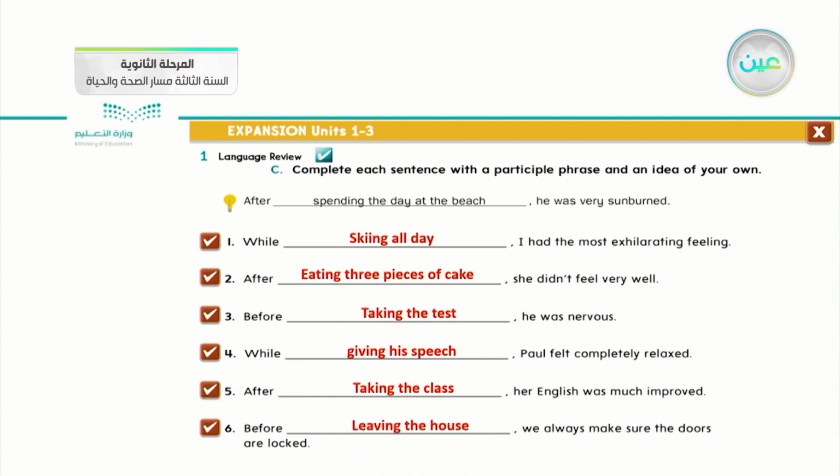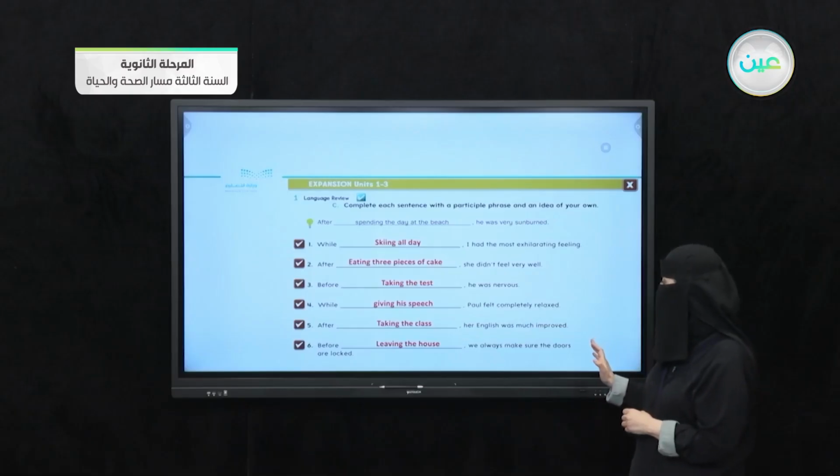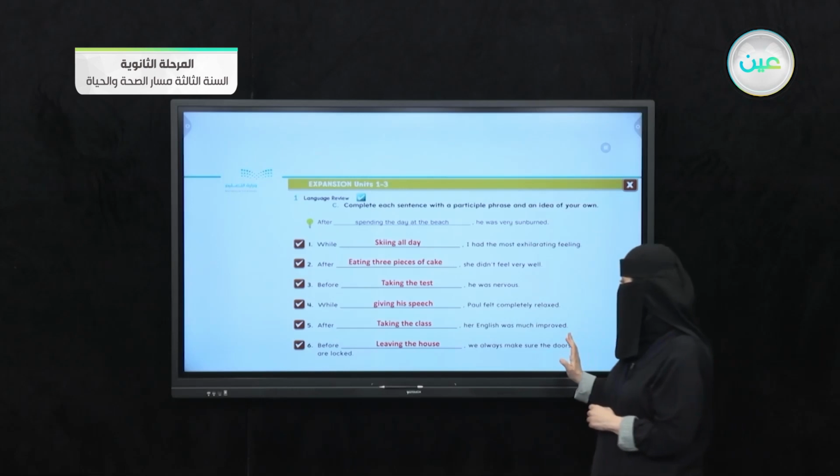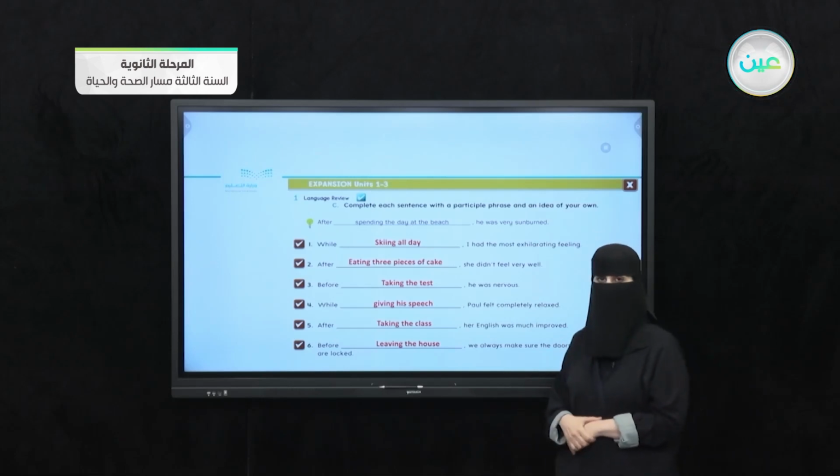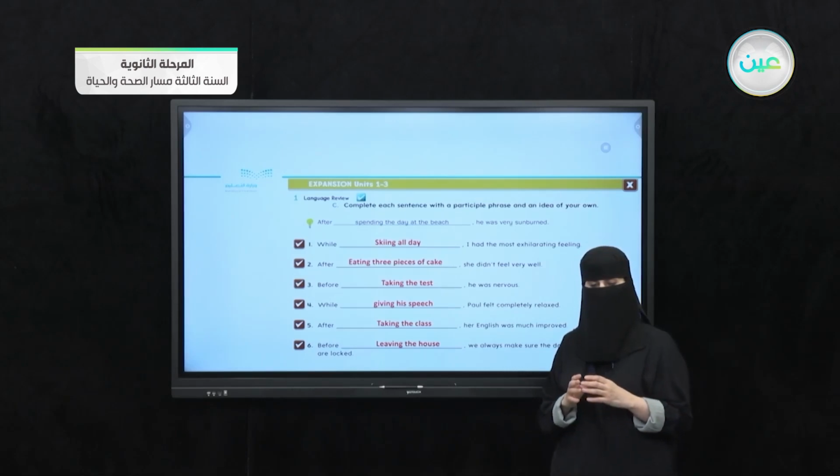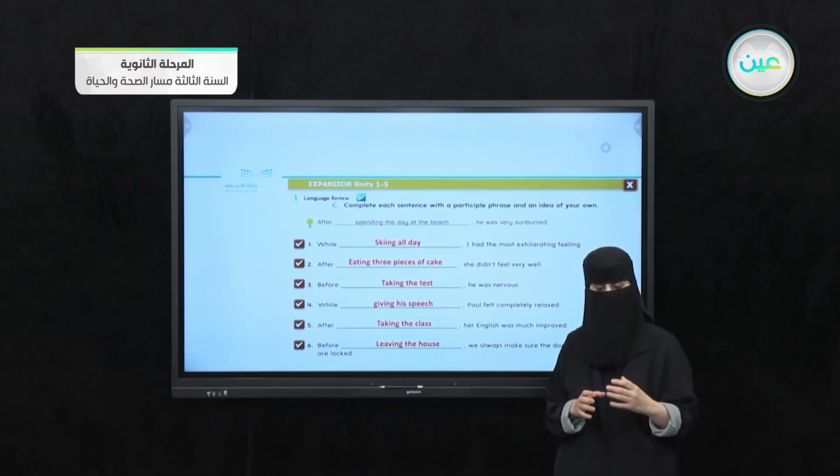Before leaving the house, we always make sure the doors are locked. So from these questions, we notice that we should apply our own ideas to reduce the adjective clauses and make them noun phrases.